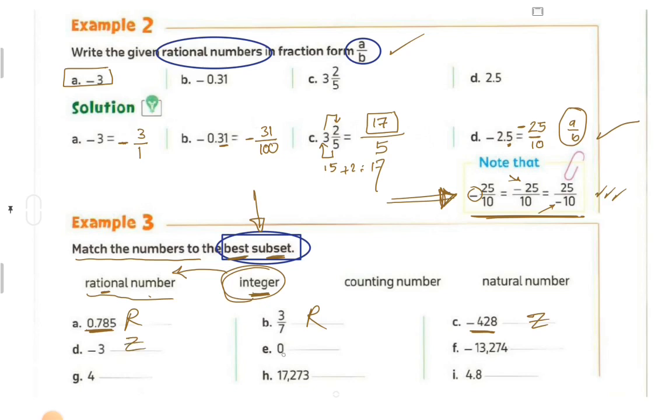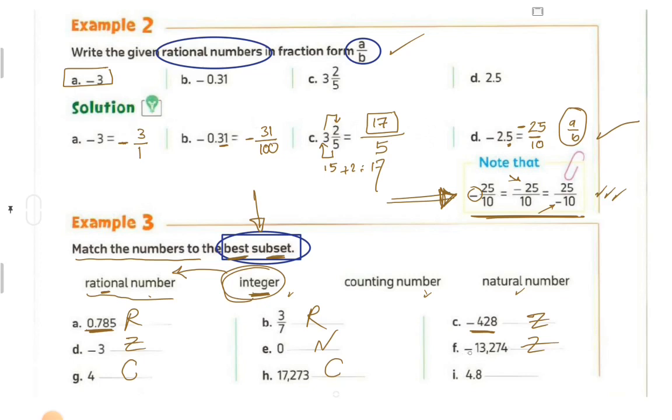0. 0 is an integer and a natural number. What's the smallest group? 0 is not a counting number, but it's natural, or integer, or rational. The smallest group is natural. Okay, negative 13,274 is just an integer. 4 is just a counting number. 17,273 is just a counting number.